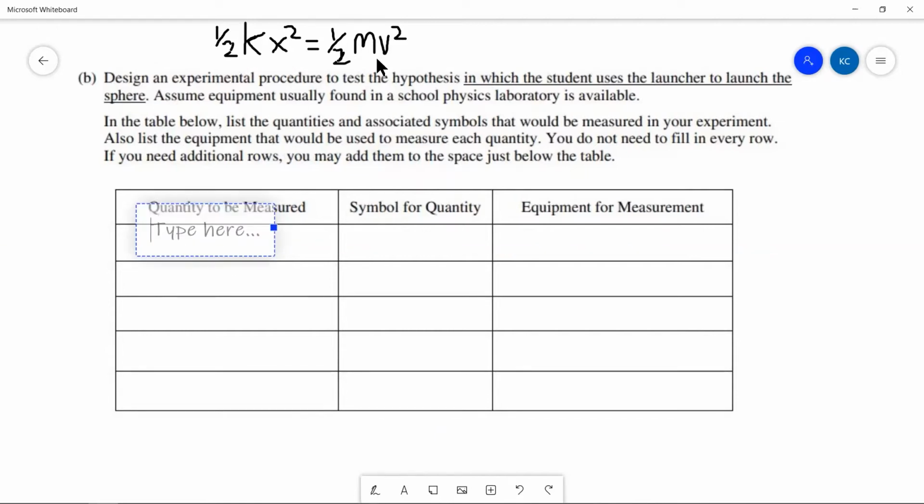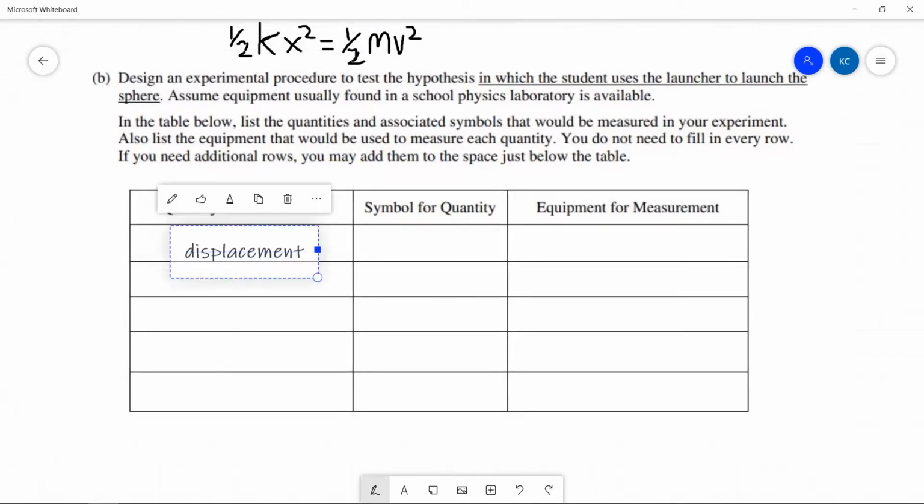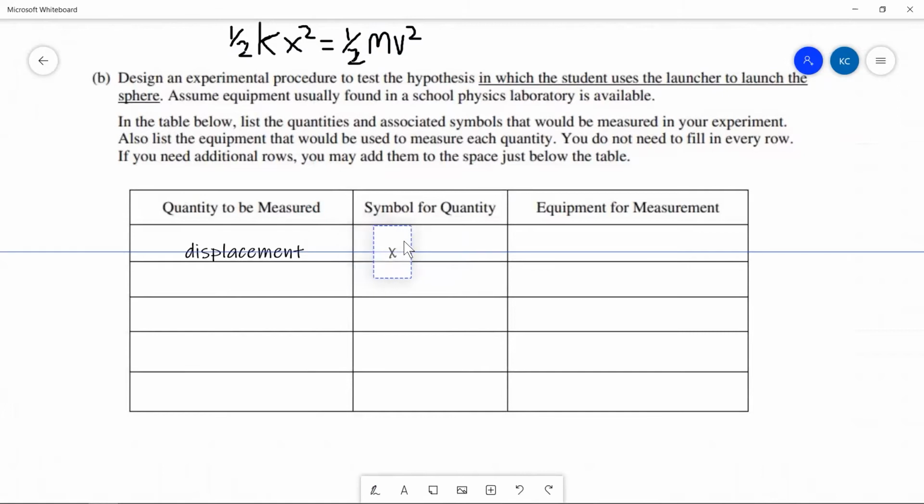So for x, it's the displacement of the spring, and the symbol we can use is x for displacement as shown in this equation. And to measure this, we just simply need a meter stick.